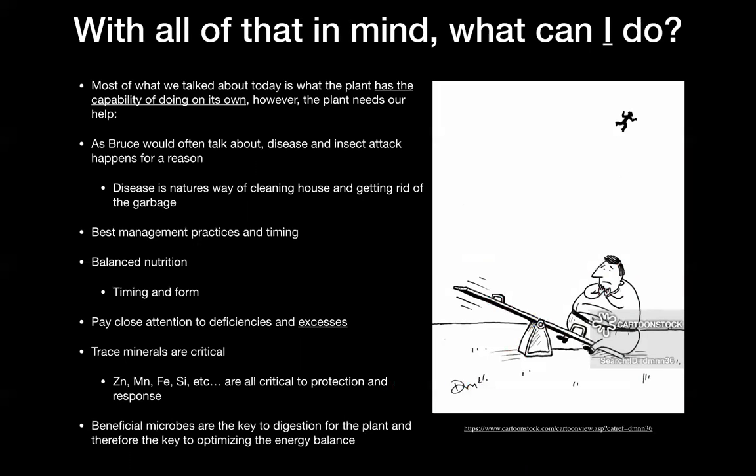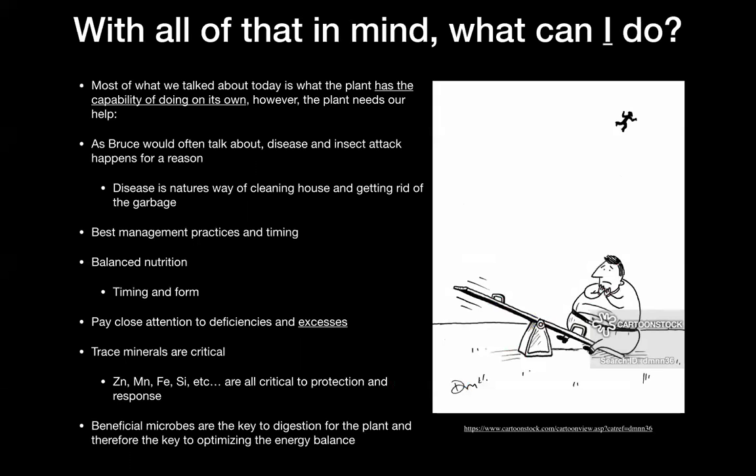And most of what we talked about today is what the plant has the capability of doing on its own. It can do it. I underline has the capability of doing. It doesn't mean that it necessarily will be able to. The plant needs our help, and a big part of that is the energy side. Bruce used to often say, disease and insect attack happens for a reason.